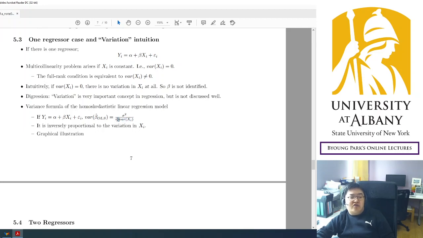So the more observations you observe, the more accurate your estimator will be, which is obvious because as you have a larger sample, your estimator will be more accurate. On the other hand, variance plays the same role. The larger the variance in x, so if x changes more, your estimator will be more accurate. It's inversely proportional. So it's a very interesting idea.